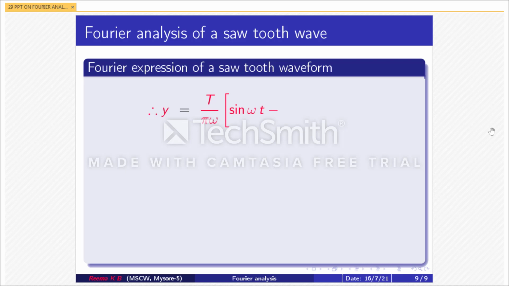Therefore, y is equal to T by pi omega of sine omega t minus 1 over 2 sine of 2 omega t plus 1 over 3 sine of 3 omega t and so on. Let's consider this as equation 5.